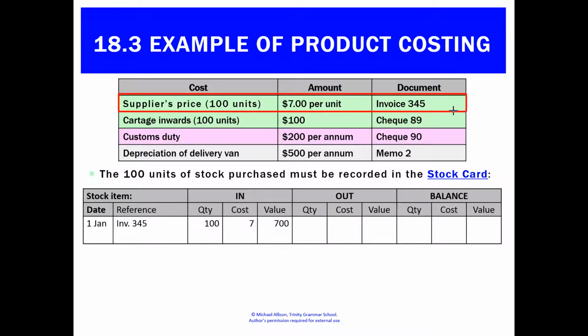However, what also attached itself was the cartage inwards. So that covers the supplier's price. But now I'm going to put in the check 89 here, which was 100 at 1 for 100. That represents this here. So that kind of looks like I've got a quantity of 200. I actually don't. What I'm saying is that's the same bit of stock. It's just come in two parts.